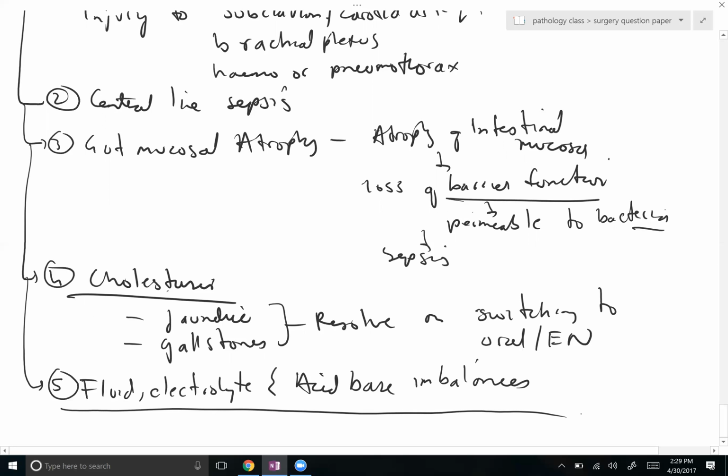So these are the complications of total parenteral nutrition.